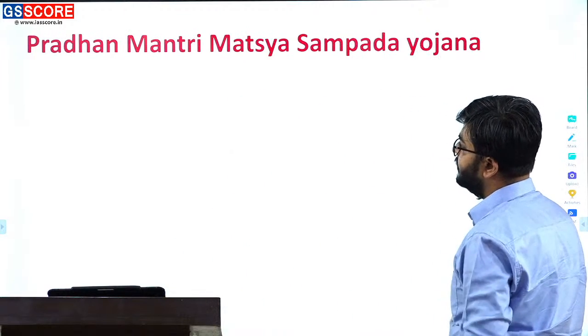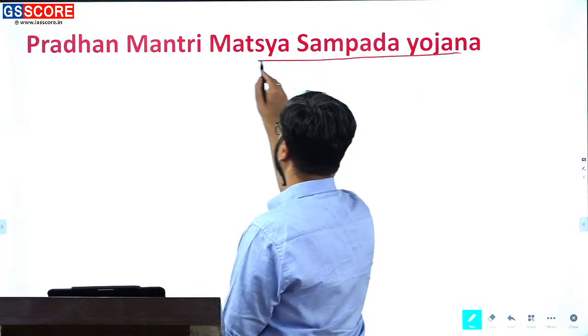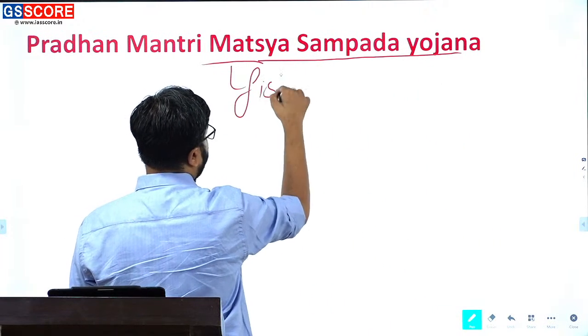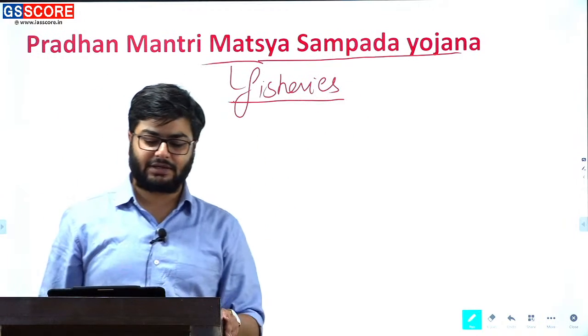Next is the Pradhan Mantri Matsya Sampada Yojana. So we are looking at the fisheries sector.